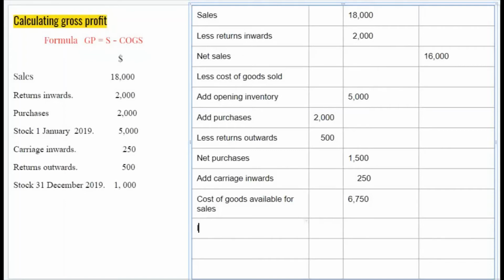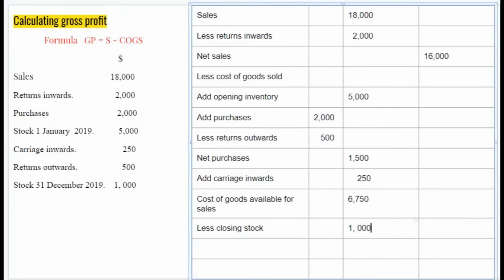So here we're going to less closing stock. Can you tell me the total for closing stock? Right, if you made mention of $1,000, then you are correct. So we're going to less closing stock of 1,000.